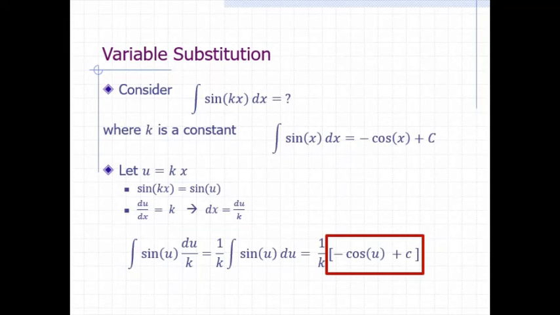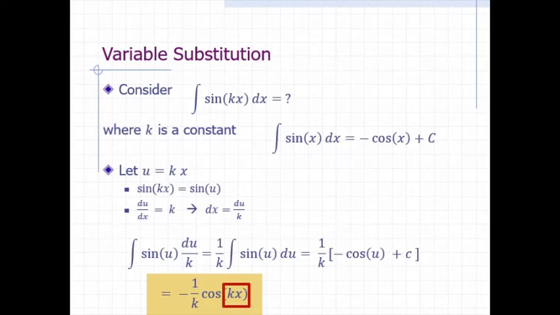Multiplying by 1 over k and substituting kx for u gives us negative 1 over k times cosine of kx plus lowercase c over k. Since lowercase c over k is just another constant, we just replace it by another letter. Here, as usual, we use uppercase C.